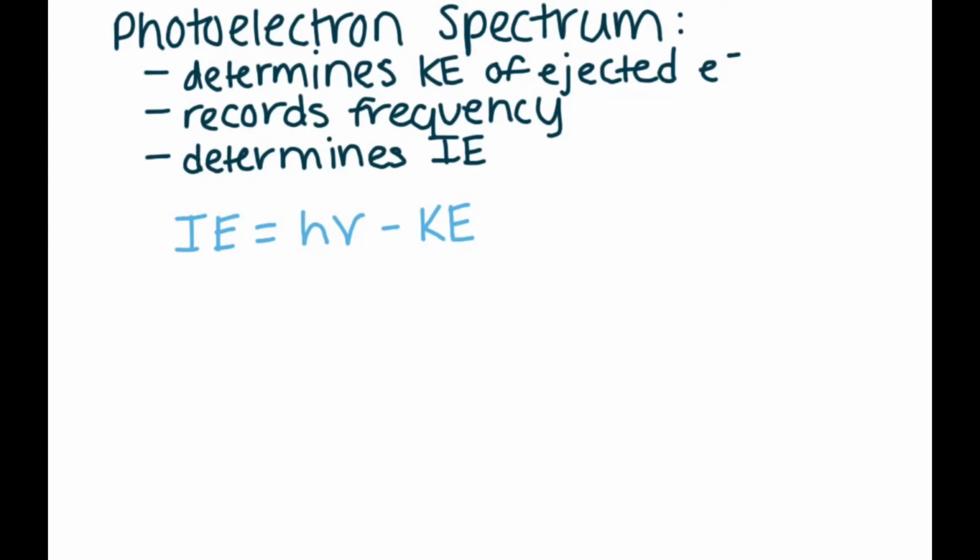Now we have the photoelectron spectrum, which determines the kinetic energy of the ejected electron. It records its frequency and determines the ionization energy.